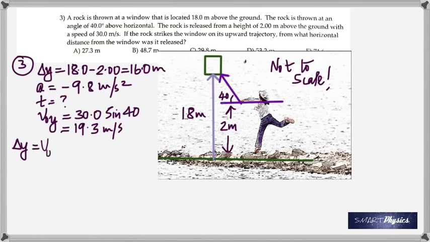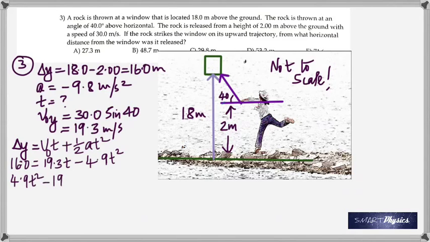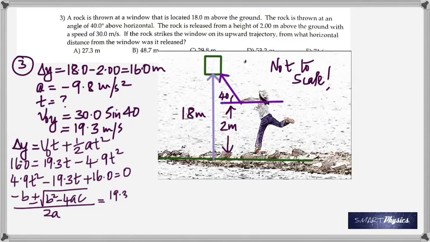And then the equation is the king, which is delta y equals V naught t plus 1/2 a t squared. The plus becomes minus because a is negative 9.8. Rearrange that, you get a quadratic equation. The solution of this quadratic equation is minus b plus or minus square root of b squared minus 4ac, by 2a.